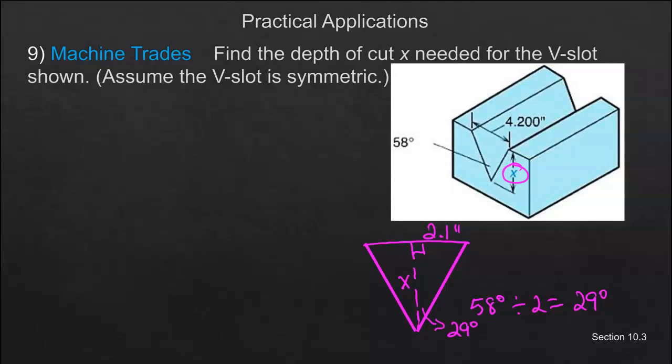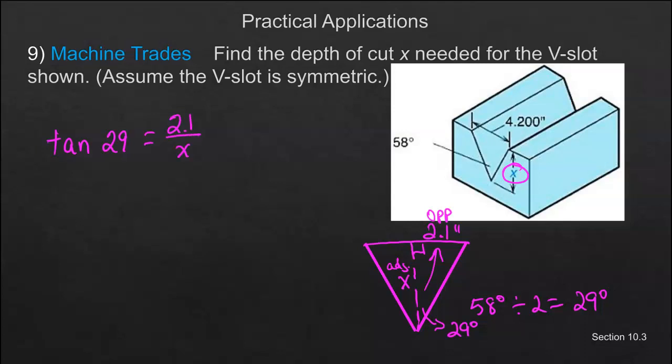Okay, so that gives us the information we needed, but we kind of had to work at that. We are using tangent again because we have the side opposite and the adjacent side is the one we're trying to find. All right, that's my opposite. So we'll use that angle of 29 degrees. The tangent of 29 is equal to 2.1 over x.